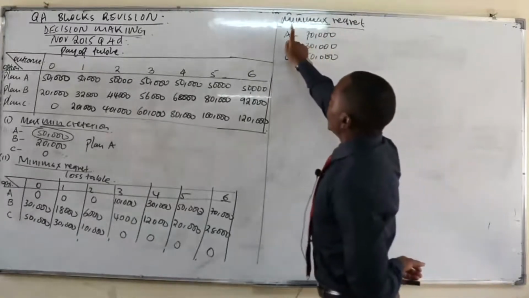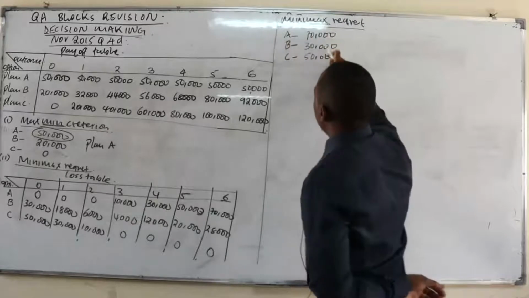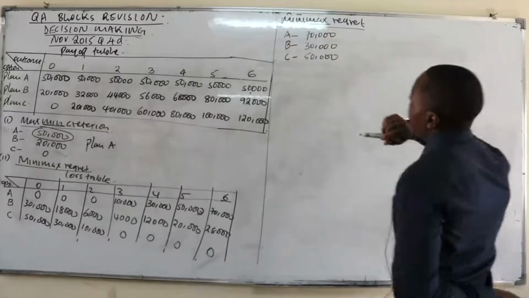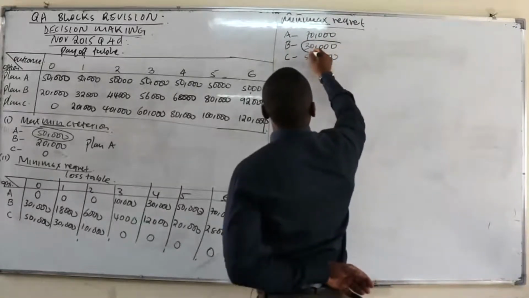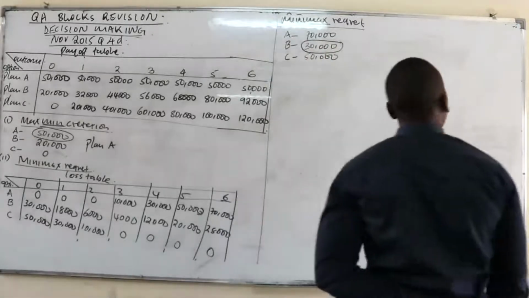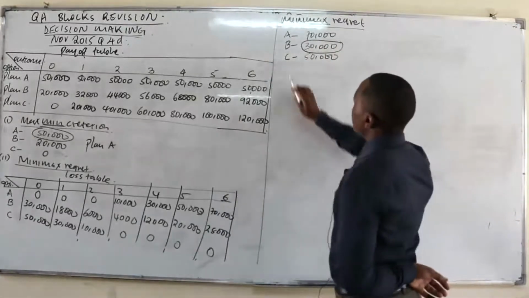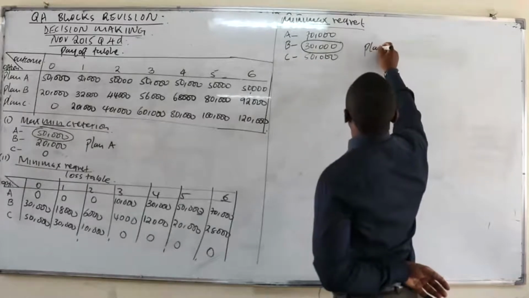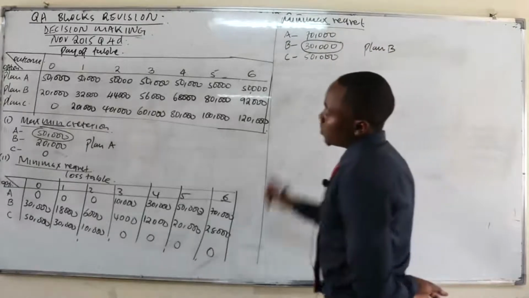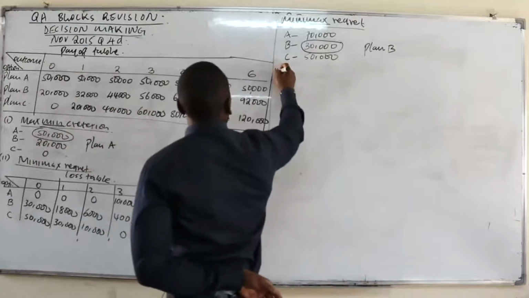Then from there, you choose the one with the minimum loss, which is 30. So if you are a risk-averse person, you should adopt plan B.